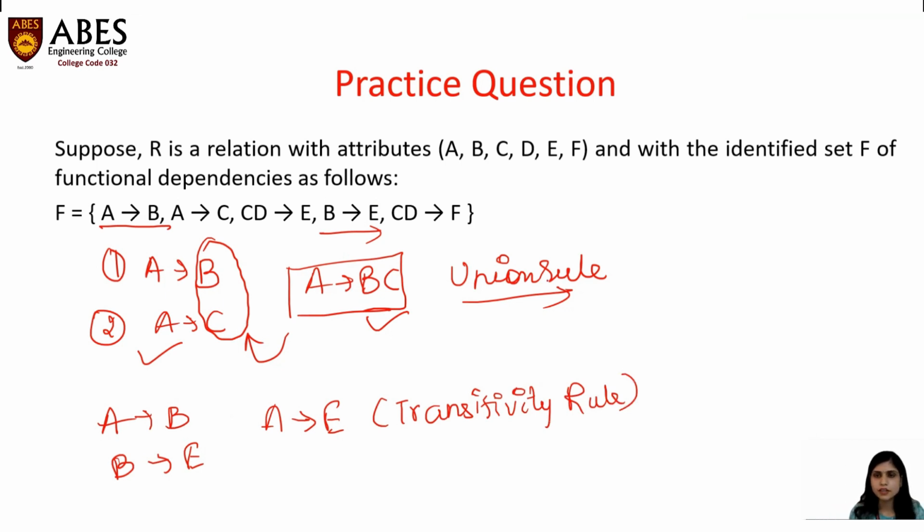So the next hidden dependency that we can find from this given set of functional dependencies, see here. Here it is given A to C and CD to F. So can we append D on both sides of this functional dependency?